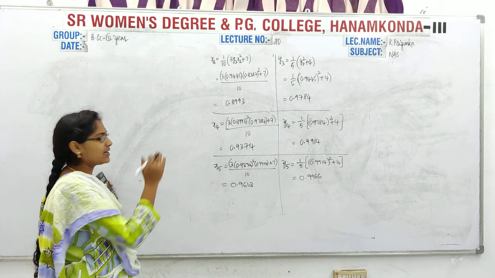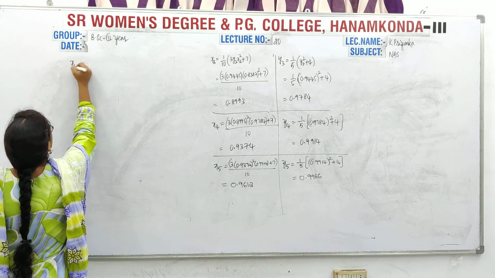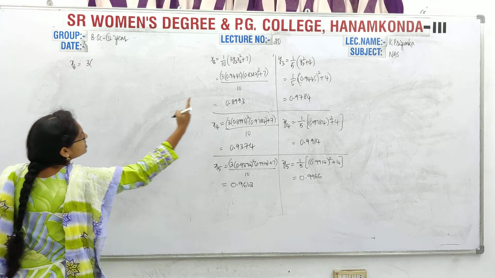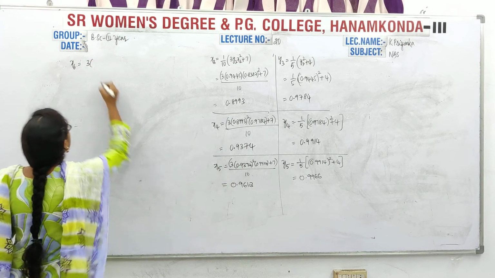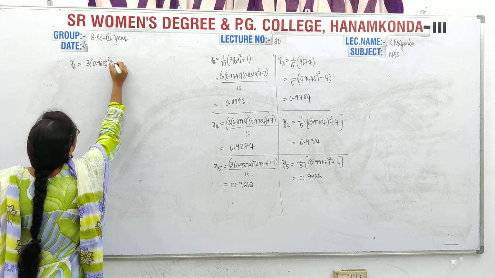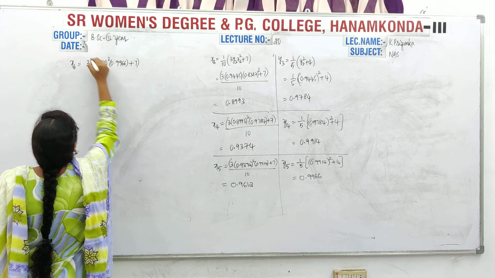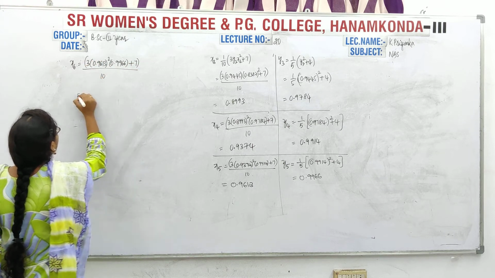Simple thing. Previous values we have to substitute in the function. Okay? Now x6 equal to 3 into x square. X square is 0.9613 whole square into y, 0.9966 plus 7 by 10.